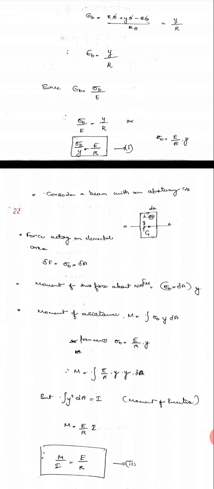The integration of y squared dA is I. So M equals E by R into I, or M by I equals E by R, the second equation. Equating 1 and 2, we have M by I equals sigma b by y equals E by R. This is the famous bending equation, or flexure formula, sigma b equals M by I into y.